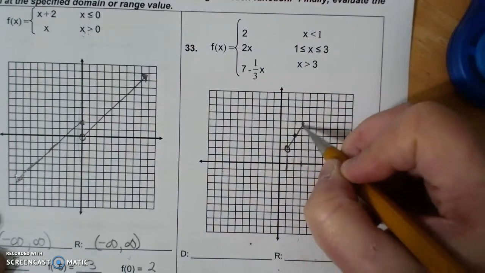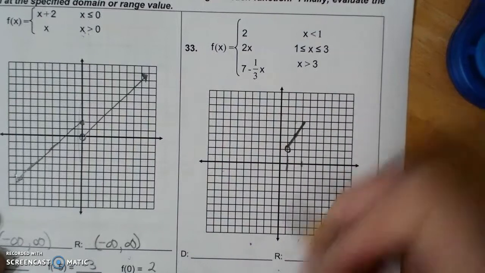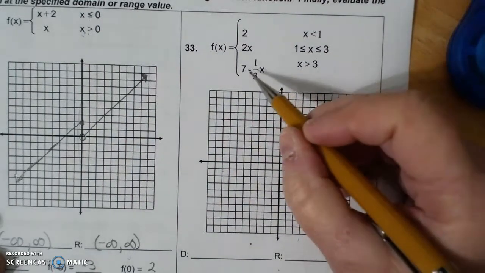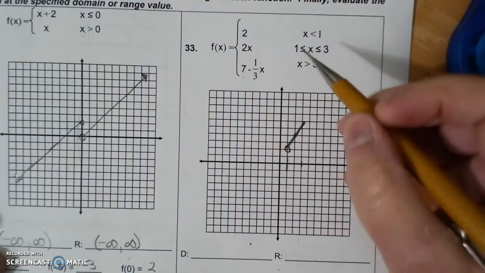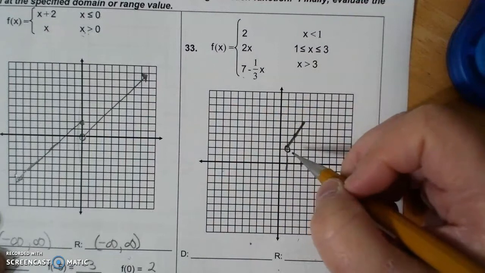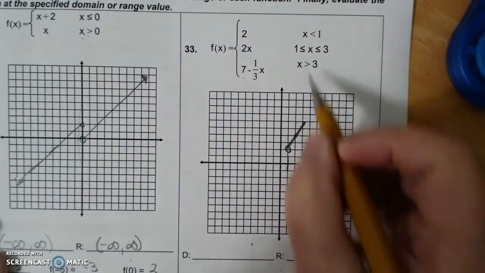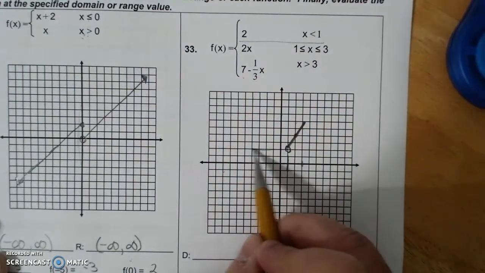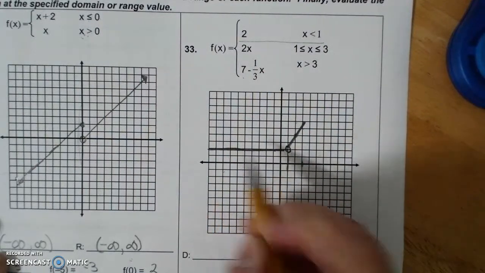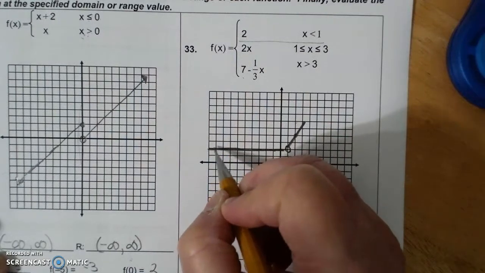So I have this part, and this is actually a line, and it's continuous.